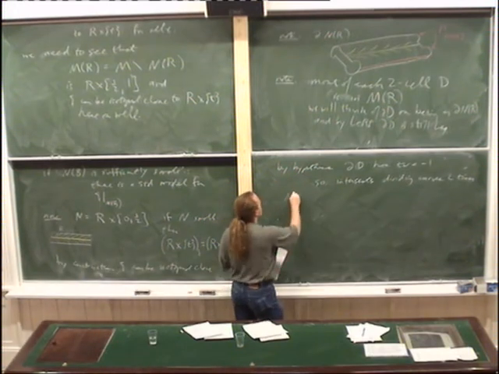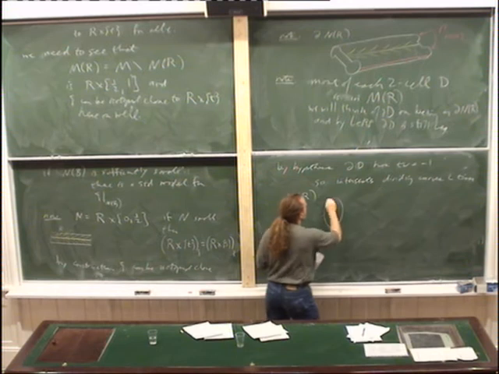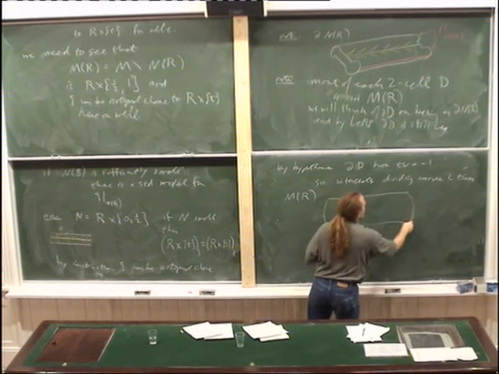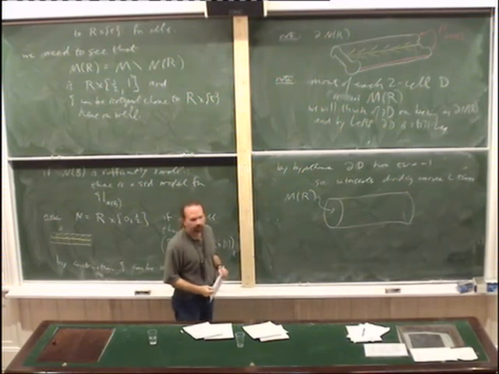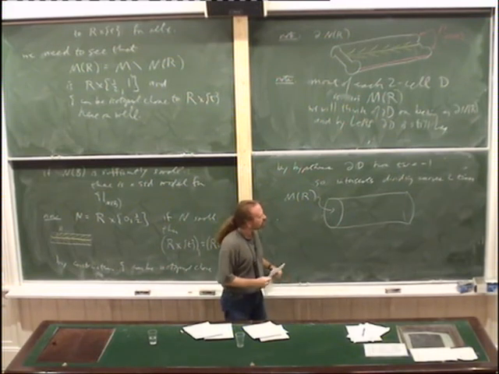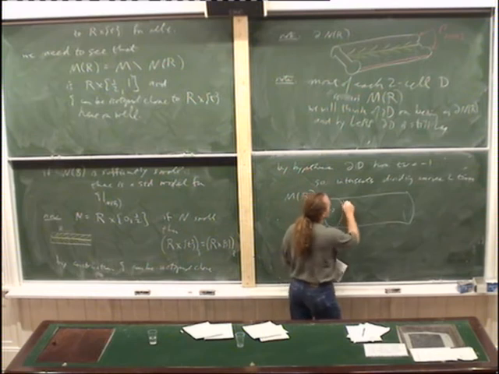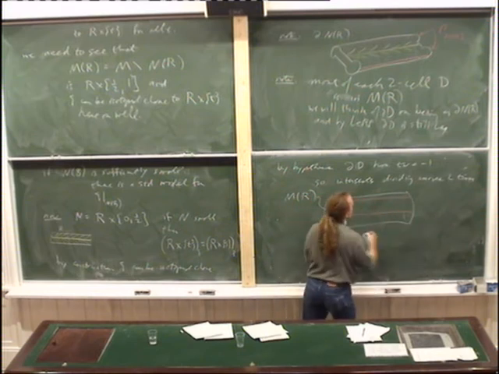So here's a little piece of the boundary of MR, and I've turned everything around now, so MR is kind of inside of here, okay? So MR is some complicated thing inside of there. And on the boundary, we have some dividing curves.